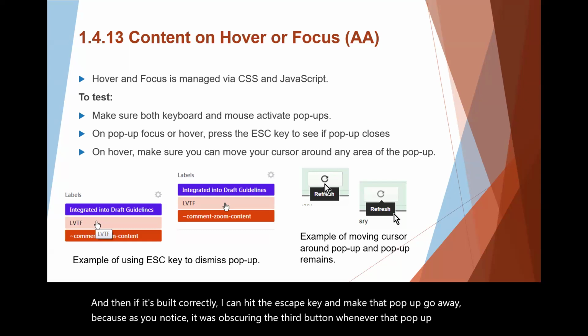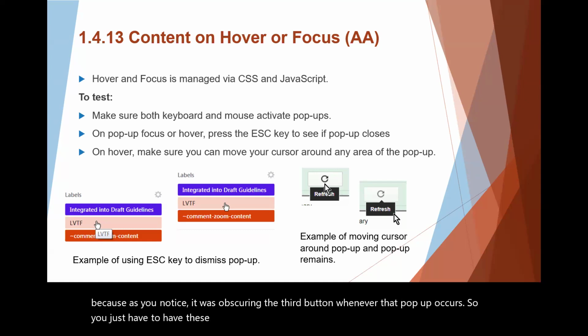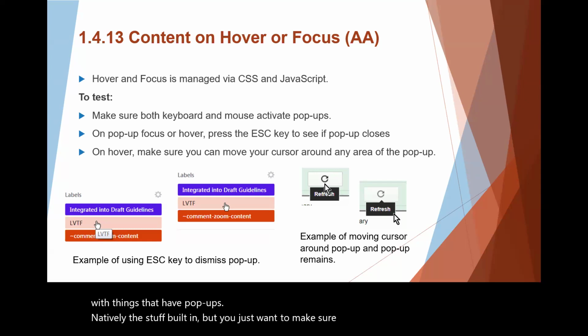You just have to have these things in place to make it easier to interact with things that have pop-ups. Natively, this stuff's built in, but you want to make sure that the escape key will work and dismiss that pop-up.